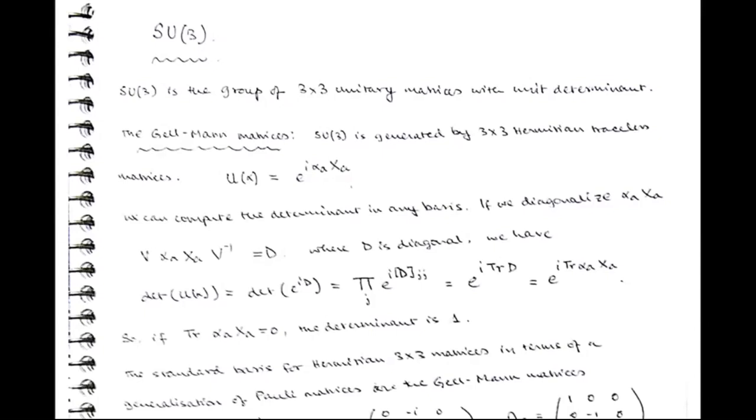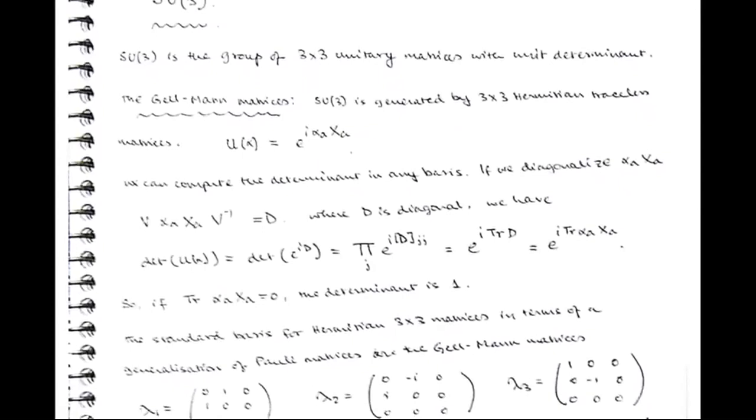Okay. So the standard basis for 3 cross 3 Hermitian matrices is a generalization of Pauli matrices, which are called the Gell-Mann matrices, and these are of the following sort. So lambda 1, lambda 2, lambda 3 are of this sort, as you can see here.